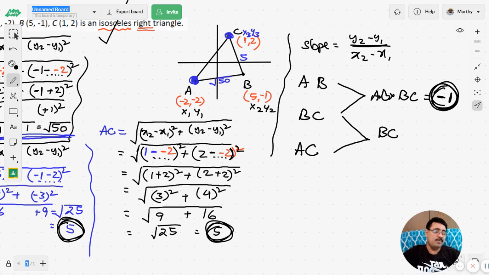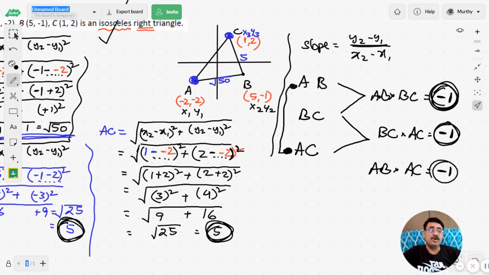I repeat, you find the slope of BC, find the slope of AC, then you multiply them and see whether the product equals -1 or not. If not, at the end you find the product of AB and AC. Find the slope of AB, find the slope of AC, multiply them and check. It could be any one of them. You will see that the product of slopes equals -1. So please remember, if the product of slopes equals -1, then they are perpendicular.